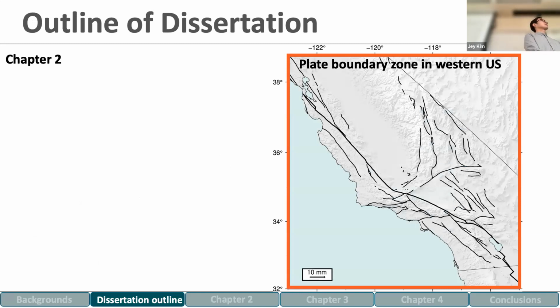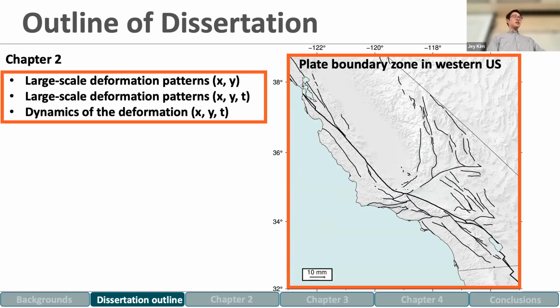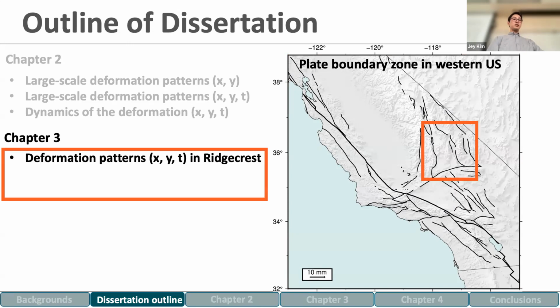My dissertation is made of 5 chapters, and it has 3 main chapters. In chapter 2, I studied large-scale deformation over space and time within this large region shown in the map. I also investigated the dynamic source of the time-dependent deformation. In chapter 3, I characterized the 13-year detailed history of deformation patterns in the Ridgecrest area.